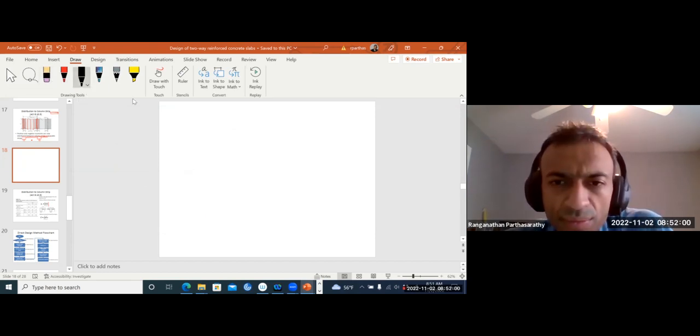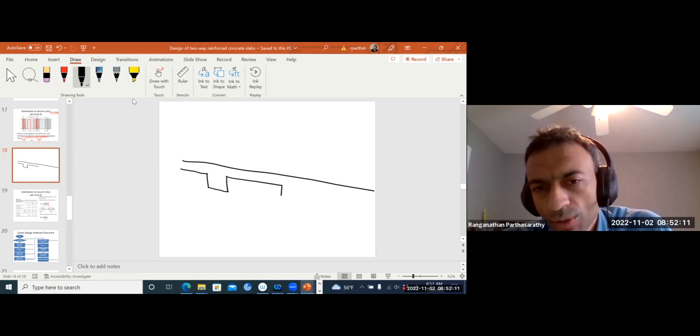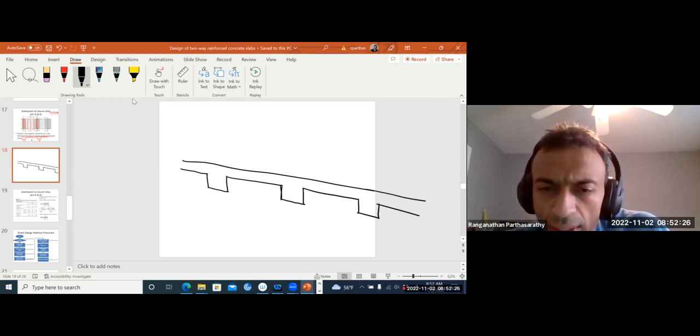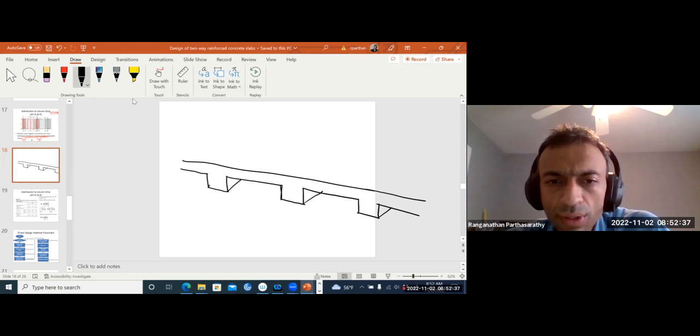So let's say this is a column strip. And here, let's say column is same width.